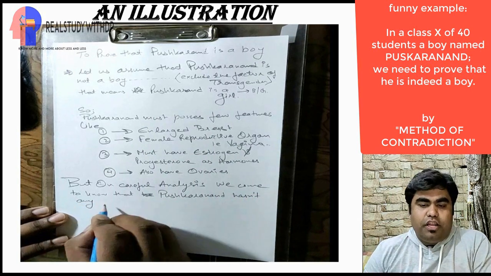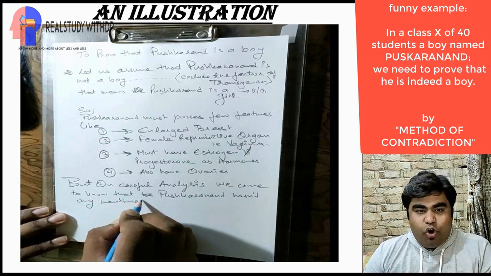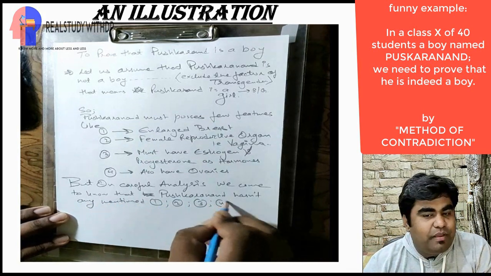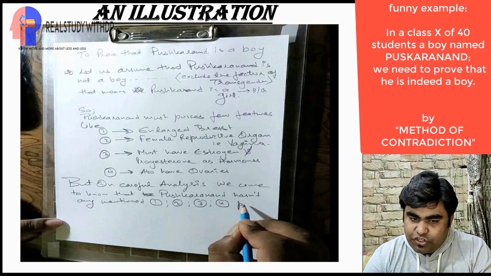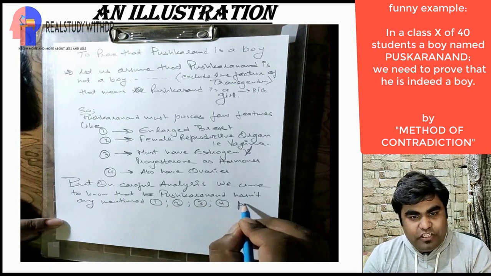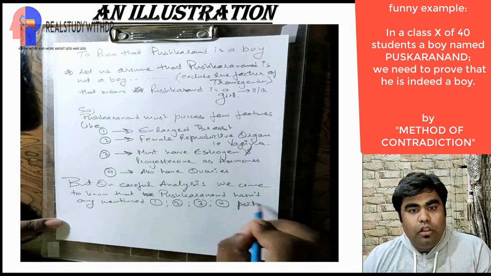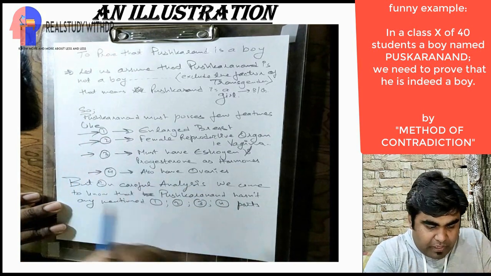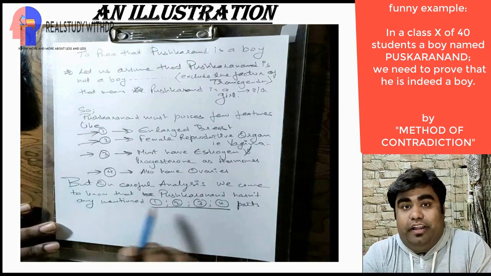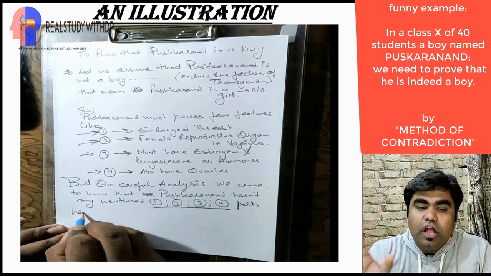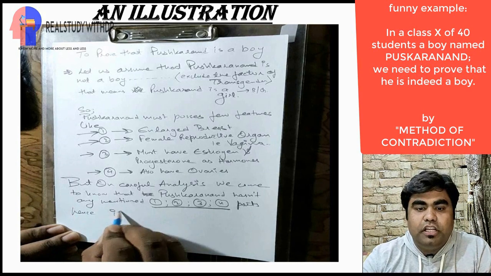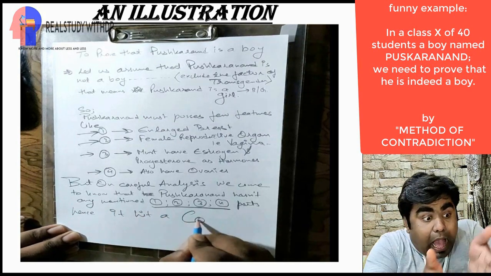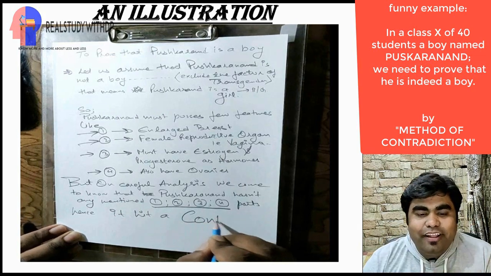After careful analysis, we come to know that all these four statements that we have taken, enlarged breasts, the female reproductive organ that is the vagina, the hormones part and the ovaries part, must be there, but actually they are not. After careful analysis, we come to know that these supportive arguments for a girl are absent in Pushkaranand.